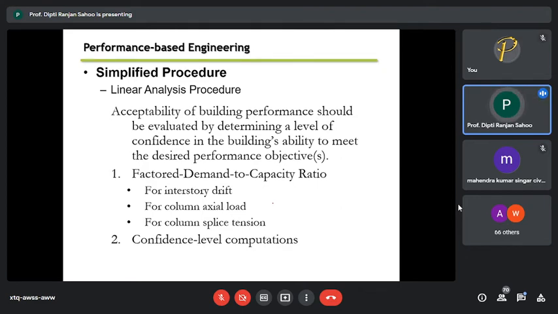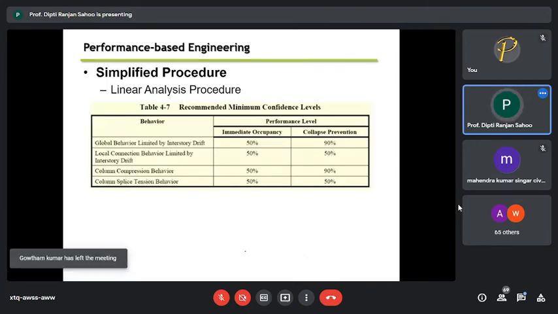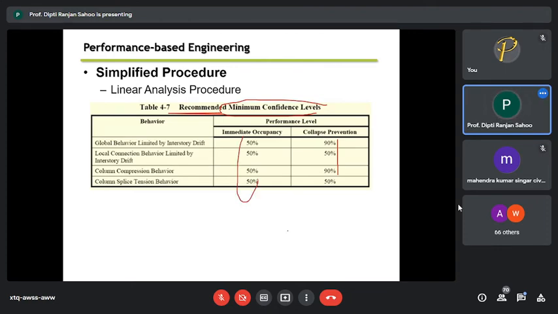But here, when you do the linear analysis based performance based design, your confidence level must be more than 95%. So that is what gives you the minimum confidence level. For example, for the collapse prevention, at least 90 or 95% for the global behavior, and for the immediate occupancy, 50% is the recommended level.